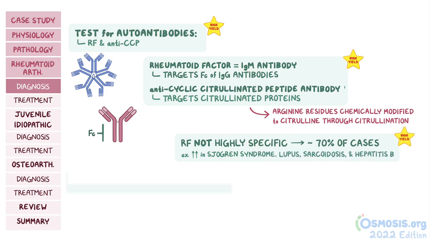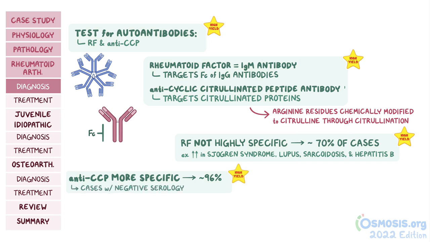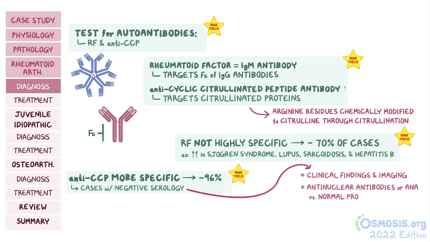On the other hand, anti-CCP is more specific of rheumatoid arthritis, as it has a specificity of almost 96%. This means that there are cases of rheumatoid arthritis with negative serology. In these cases, diagnosis is based solely on clinical findings and imaging. A minority of individuals could also present anti-nuclear antibodies, or ANA, which are formed against the normal proteins of a cell's nucleus.